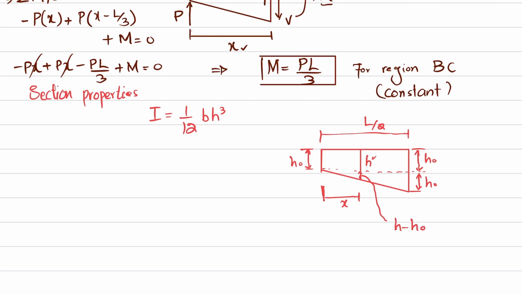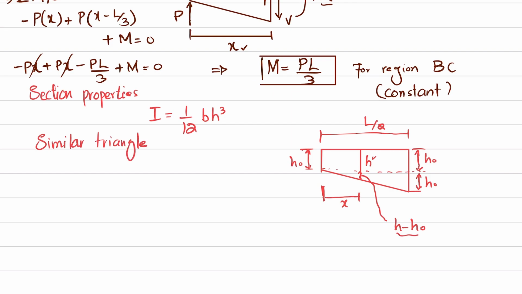This distance is equal to H minus H naught. Clear? And now from similar triangles, we will take the ratio of their sides.